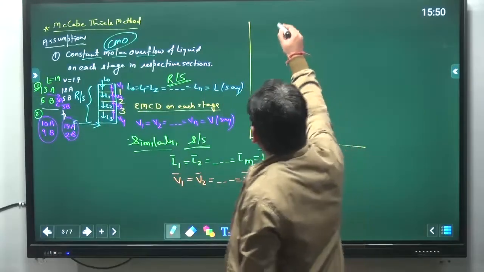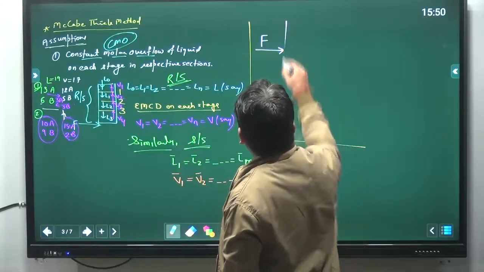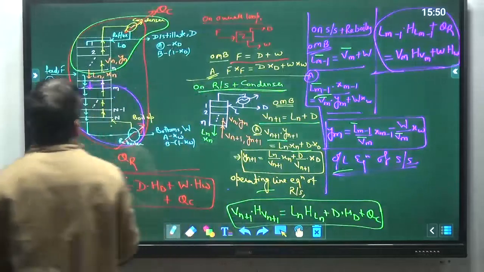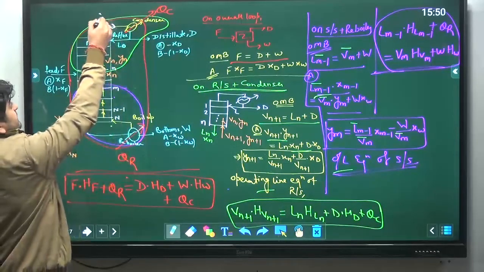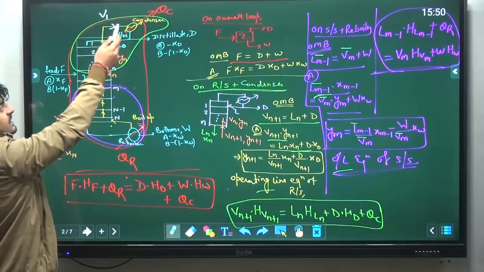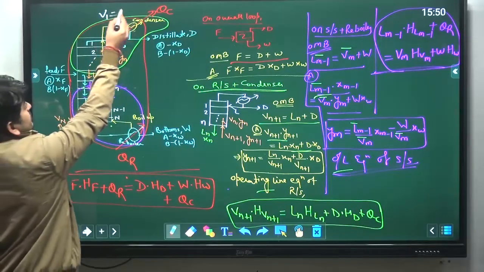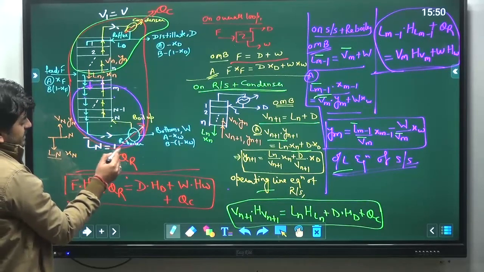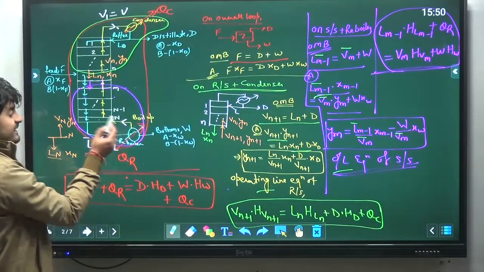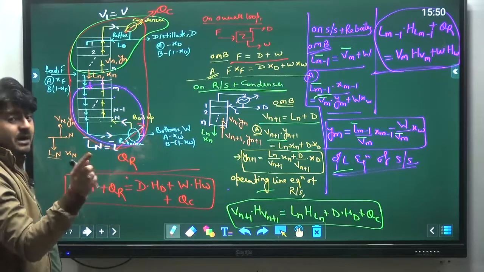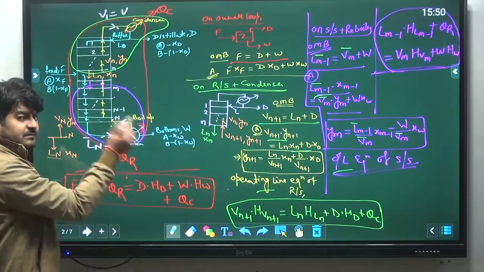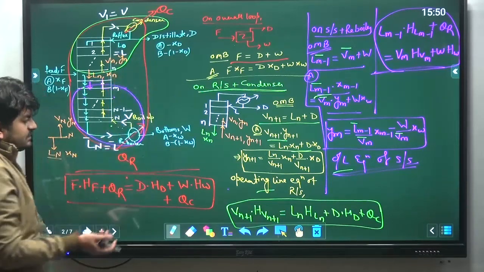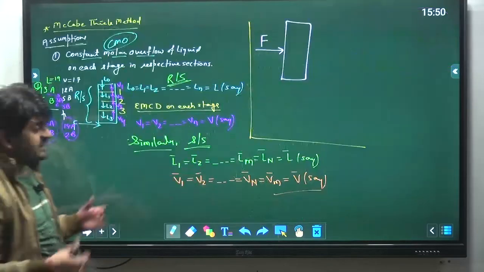In the column, here, this flow rate, this was V1 because this vapor was coming from the first plate, so it will become V. This liquid was coming from the nth plate, Ln bar, so this will become L bar. This is the vapor entering in here, that is Vn plus 1. Vn plus 1 bar will become V bar. This L0 will be equal to L. Okay. So these things will happen.